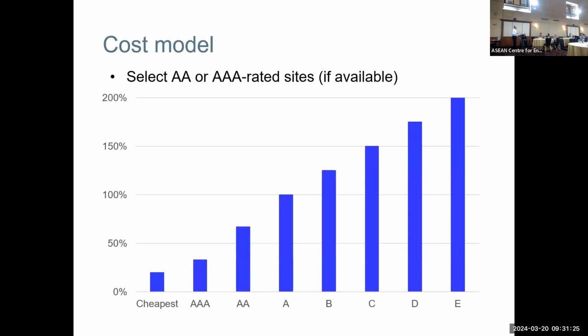So when you go to our pumped hydro atlas, it's important to realize that there's a wide range of costs in that atlas. The difference between the best sites that we found and the worst sites that we display is a factor of 10. Going from Class E all the way down to Class AAA spans a tenfold decrease in cost.